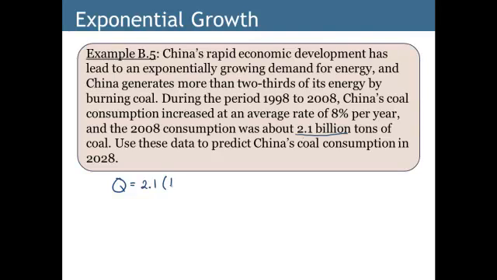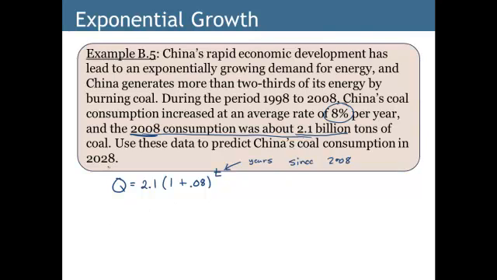And then it's times 1 plus R, 8% per year, so that's 0.08. And it's per year, my T is in years. However, 2.1 happened when? In 2008. So my T is what? Years since 2008.